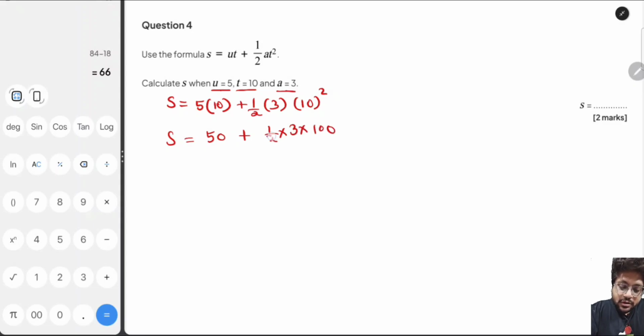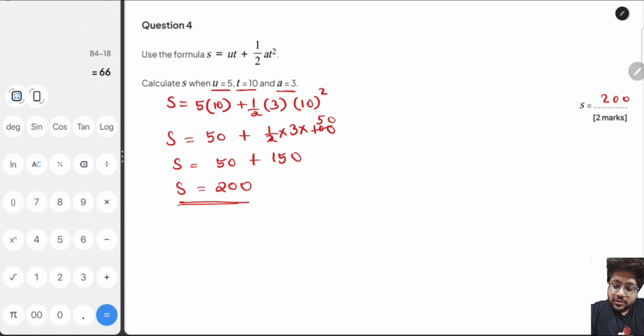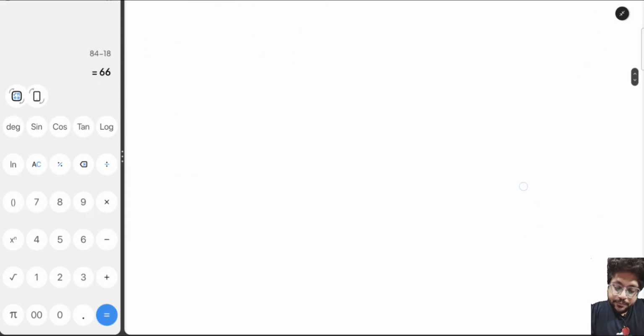Now because you can cut this 2 by 100, you will get 50. So S is equals to 50 plus 3 times 50 is 150 and 50 plus 150 is 200. You can also use calculator here to get all this calculation, but they were easy because tens and fives were there, so I just did it mentally.